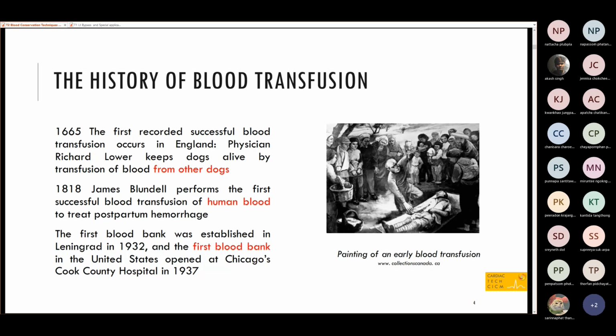So after delivery, a patient may be in hypovolemic shock, and the doctor gave blood to preserve their circulation. And the first blood bank was established about 100 years later, the first blood bank in the United States.